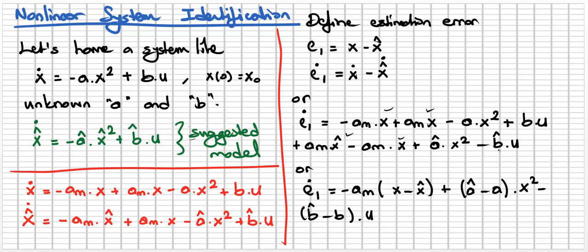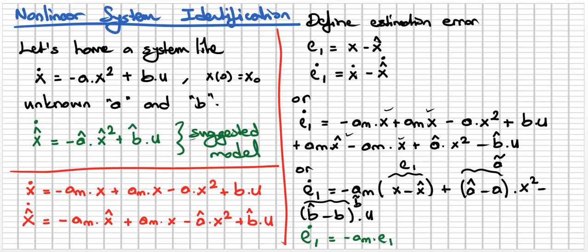Okay, and so this is the proper form of our algorithms. This should be assigned the a estimation, and this can be reassigned the b estimation. And so this is given by the equation form E1, and the final equation is E1 dot is equal to minus a_m times E1.